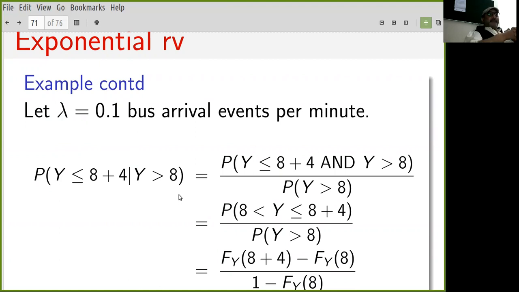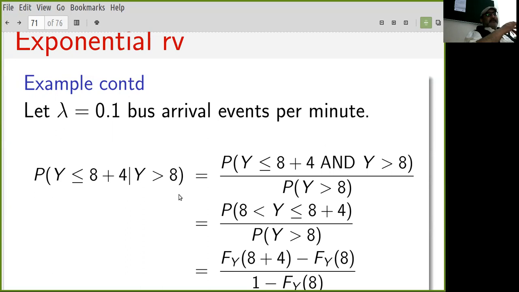That's a conditional probability, right? So that's the probability that the time will be less than or equal to 8 plus 4, 12 minutes, and that the time will be greater than 8 minutes, divided by the probability that the time will be greater than 8 minutes.